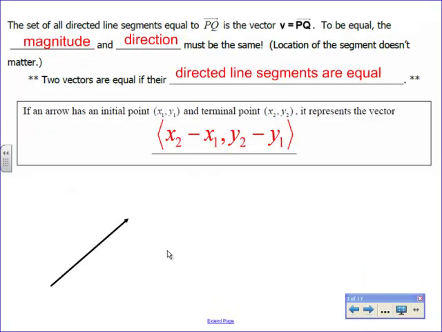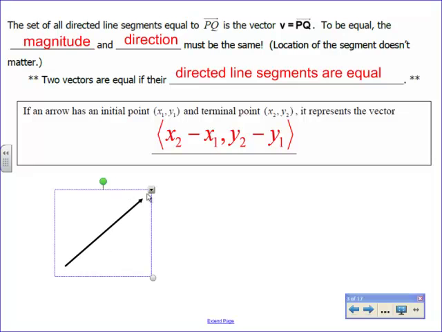Okay, the set of all of the directed line segments that are equal to PQ is the vector PQ. To be equal, the magnitude and the direction must be the same. So not only does it have to be the same length, but it has to be going in the exact same direction. So I have a vector down here that has a given magnitude and a given direction.